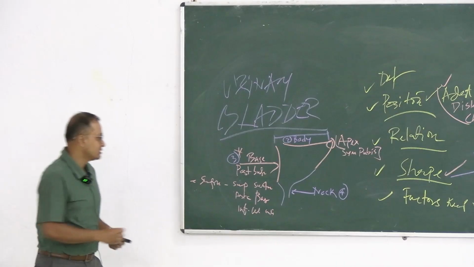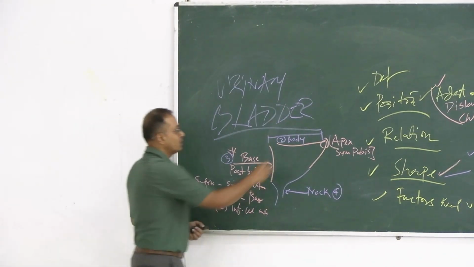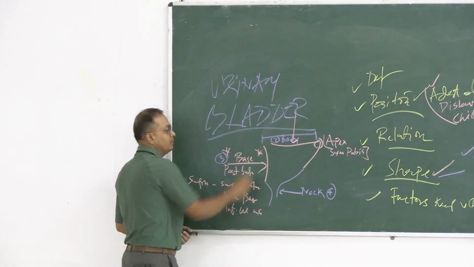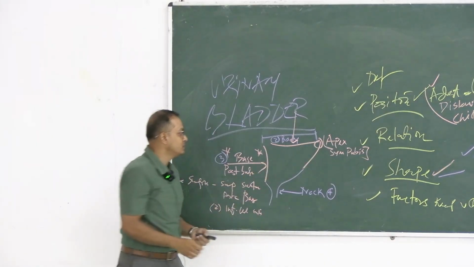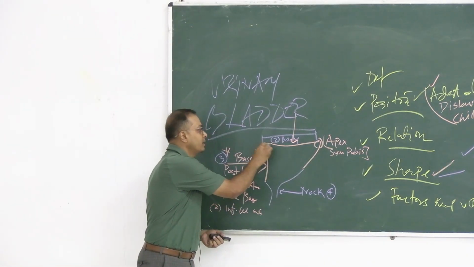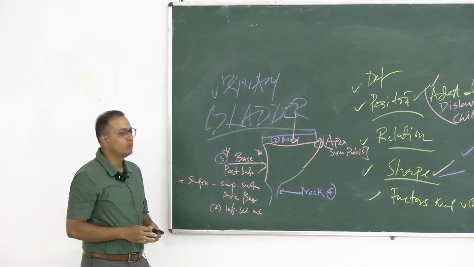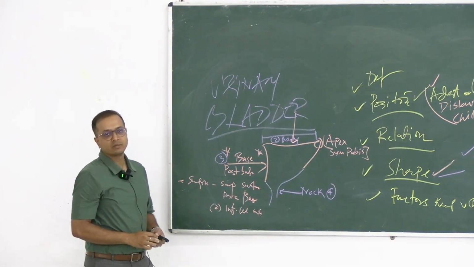So inferolateral surfaces are two, right and left, superior surface is this one, posterior surface is this one, and inferolateral is this surface which you are seeing here. So this tetrahedral shape of the urinary bladder gives us these different parts and surfaces.